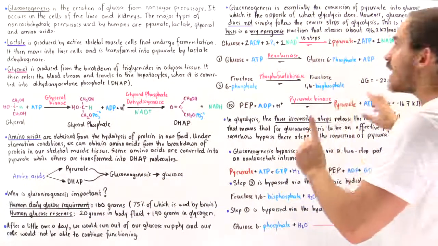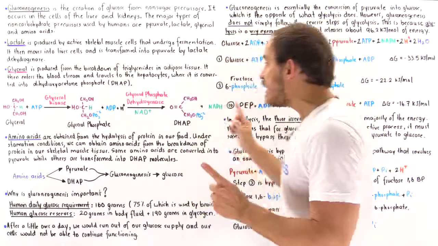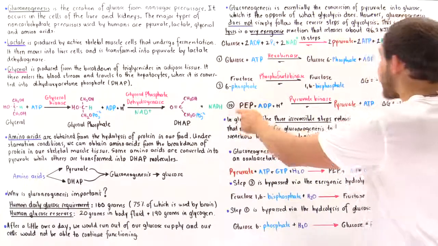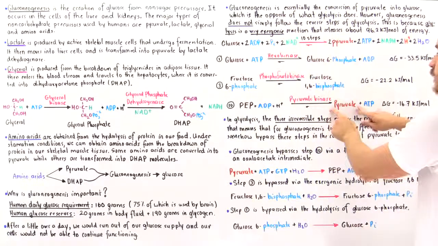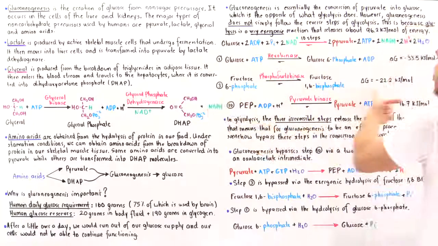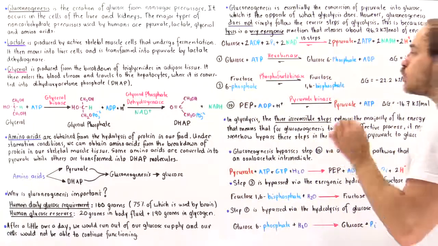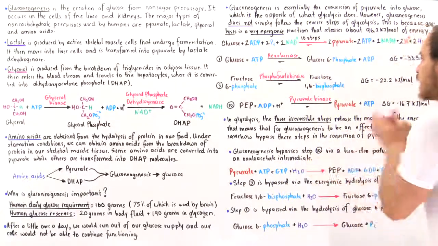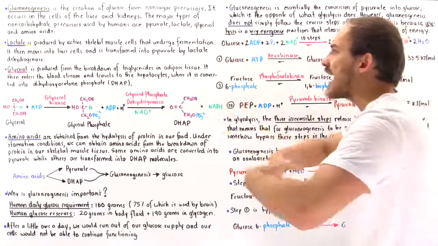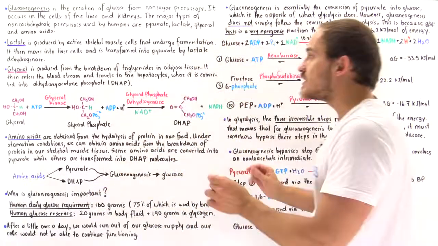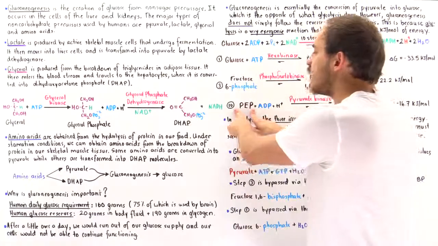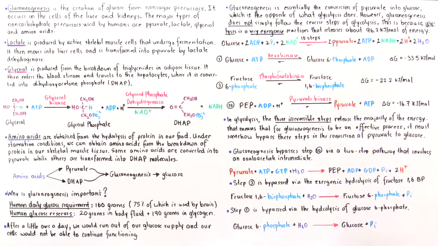If gluconeogenesis simply reversed these steps, so for instance, if we look at step 10, if gluconeogenesis went from pyruvate to PEP by using this specific reaction pathway, it would need to use 16.7 kilojoules per mole of energy. And to prevent this from happening, to make this step an exergonic step, it uses a completely different pathway to transform pyruvate into that phosphoenolpyruvate molecule.